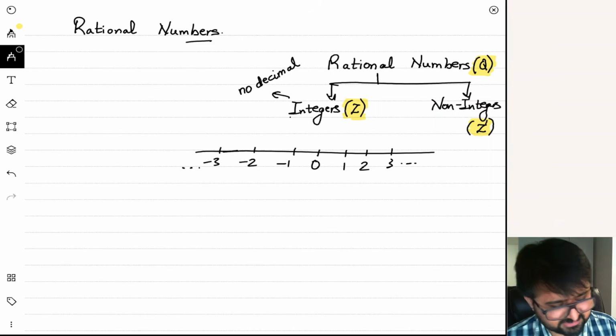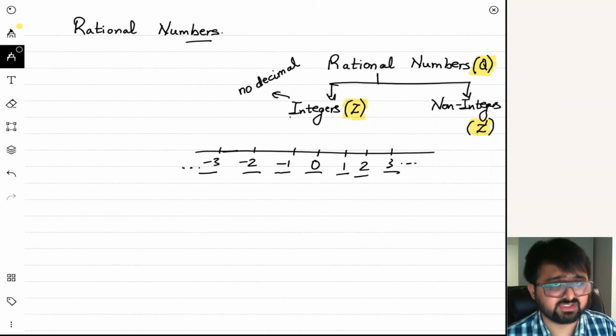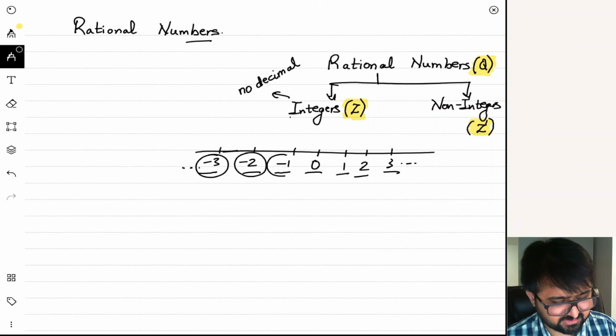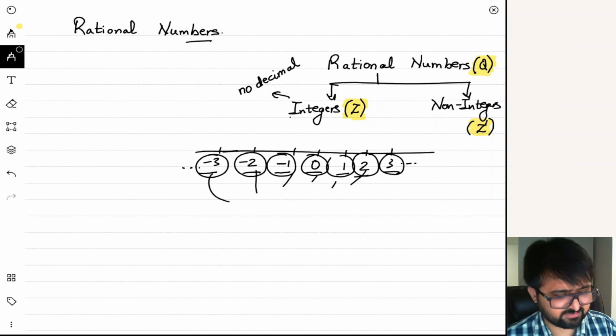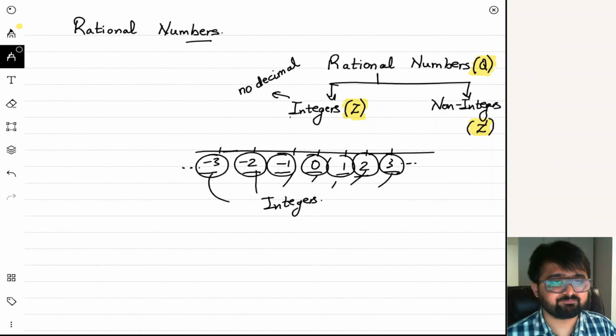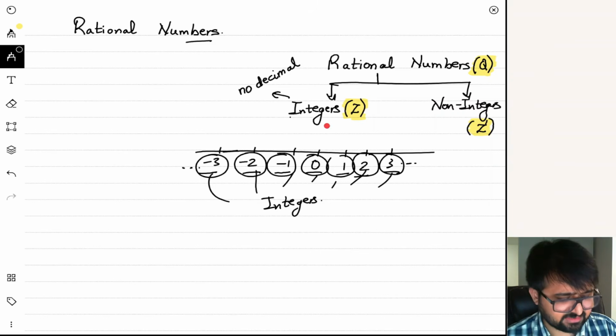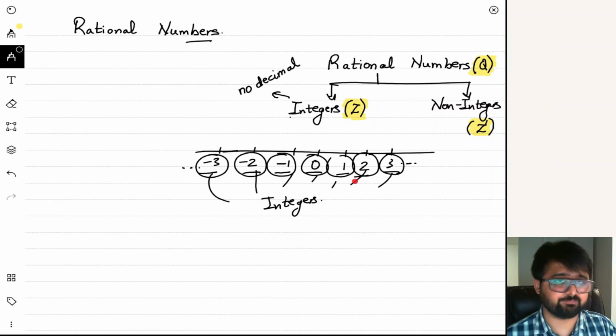All those numbers, 1, 2, 3, 0, -1, -2, -3, are integers because they don't have a decimal point in them. All right, does that make sense? Good. So remember that integers are the numbers with no decimal points, which are basically the numbers on your number line: -1, -2, -3, 0, 1, 2, 3, and so on.